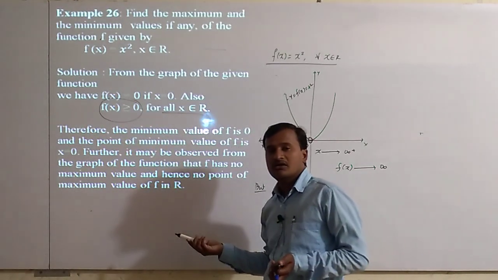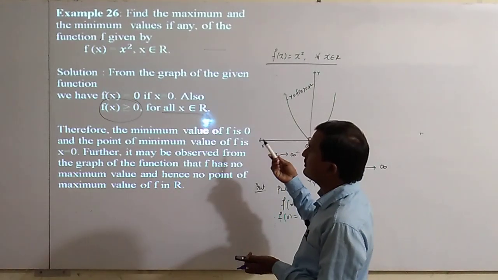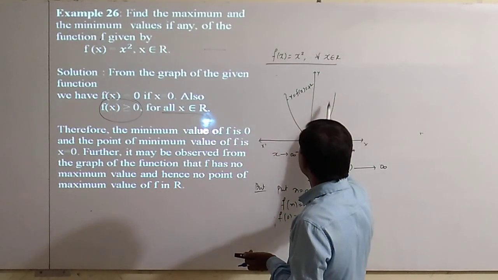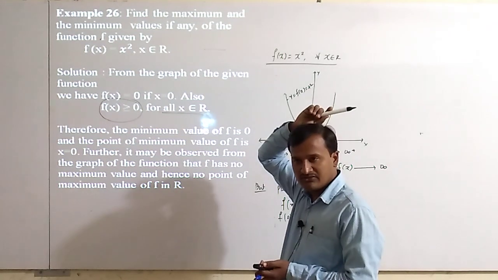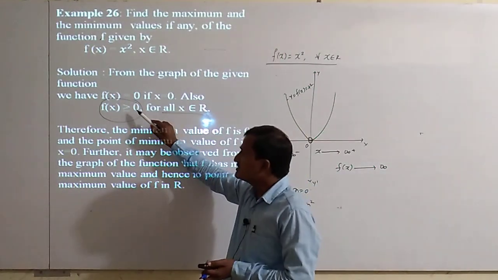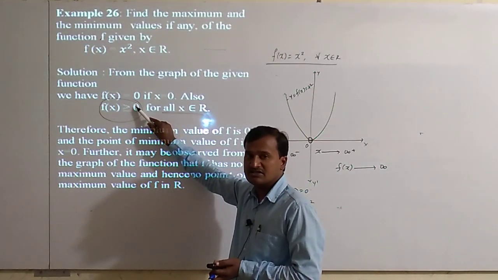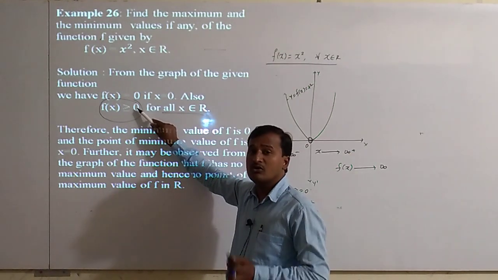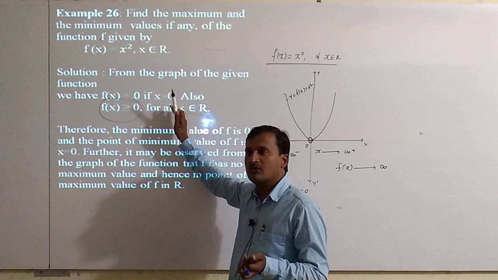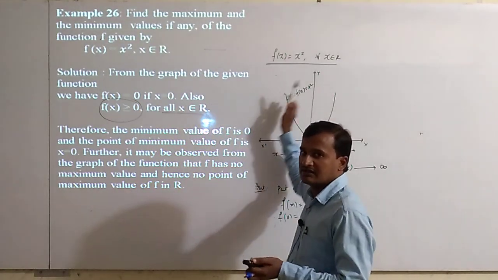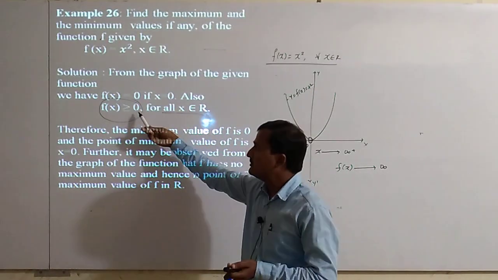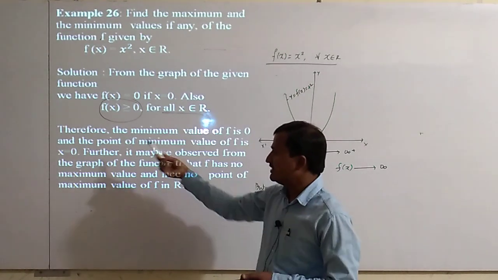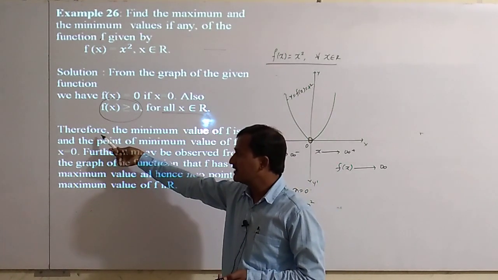It means that the minimum value is 0 and this function does not have a maximum value. More than 0 means we take 1, 2, 3, 4, 5 like that. So what is the minimum value? 0.